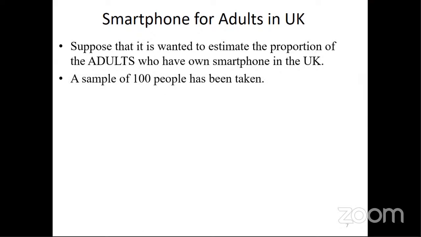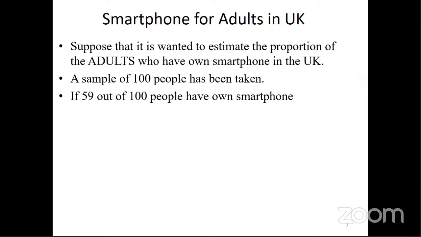For example, from one sample of people that have been taken, we said 95 out of 100 people have a smartphone. It means our work here is not for 100 people. No, we're just going to work on 59 adults who have a smartphone out of 100, because this is our target, this is our goal.